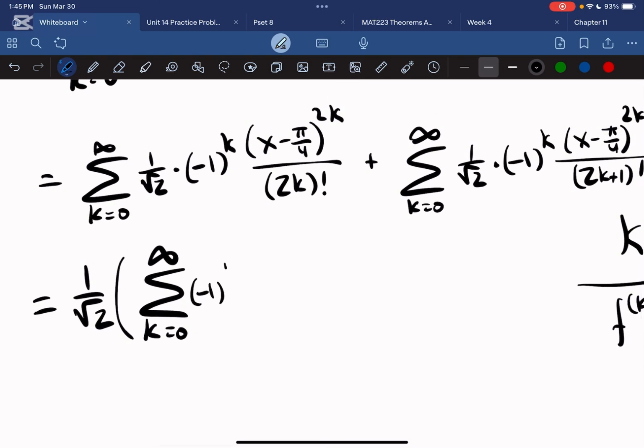Well, negative 1 to the k over 2k factorial, and we have x minus pi over 4 to the 2k.